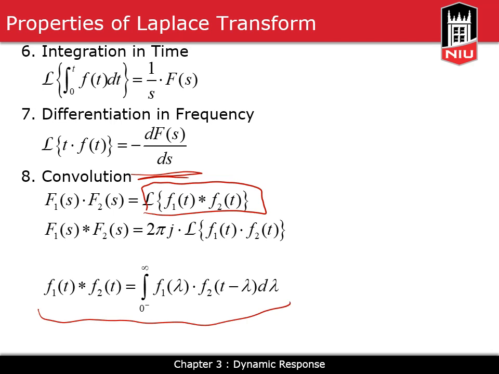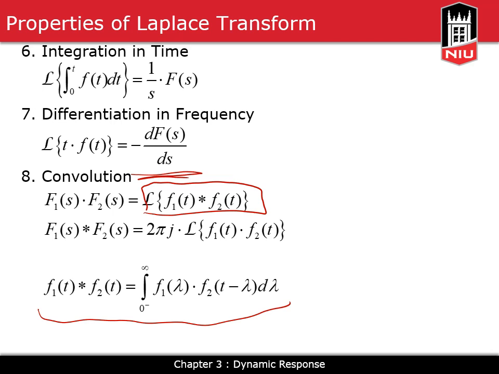It is an integral. Finding that convolution integral is not easy all the time. So if we convert everything to the S domain, find the Laplace transform of f1 and f2, all we have to do is to just multiply F1 by F2 in the S domain. At the end, we can do an inverse Laplace transform of the result to get the time domain function.